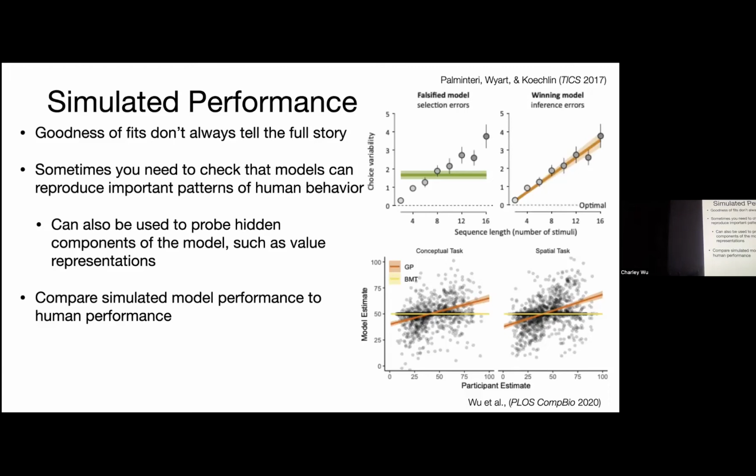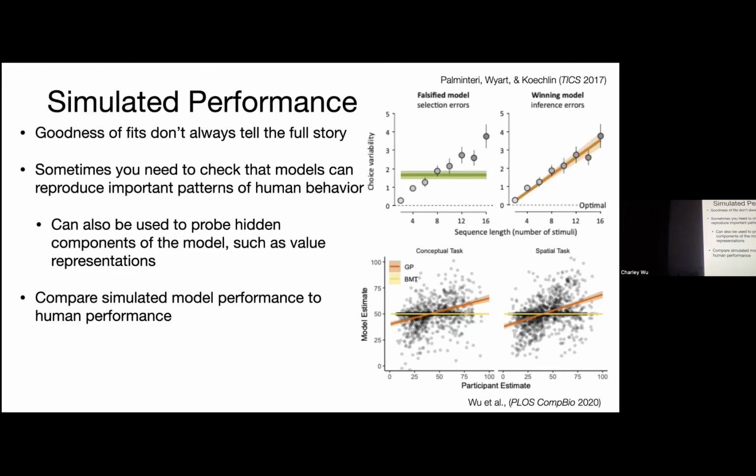So as the sequence length increases, human choice variability increases, right? The gray dots represent human behavior, but this one model is completely insensitive to this aspect, right? So in some ways, by plotting this, you can falsify this model.